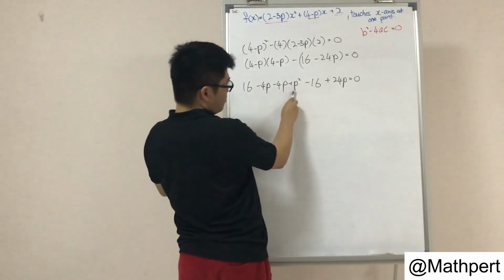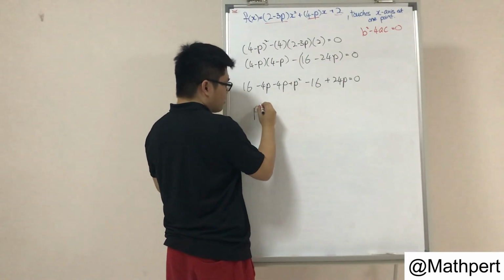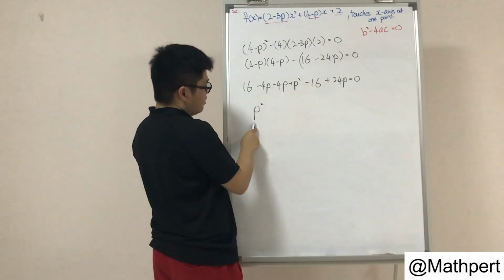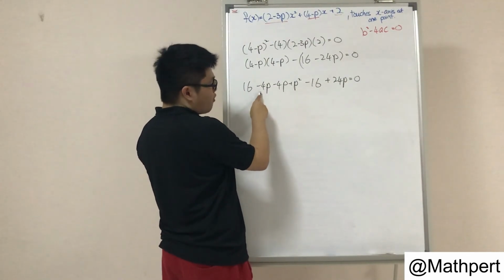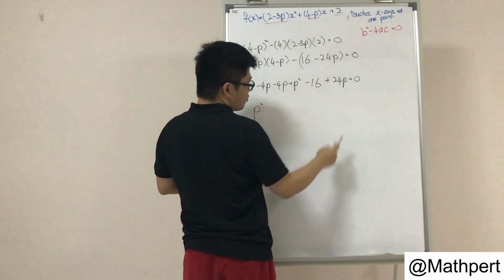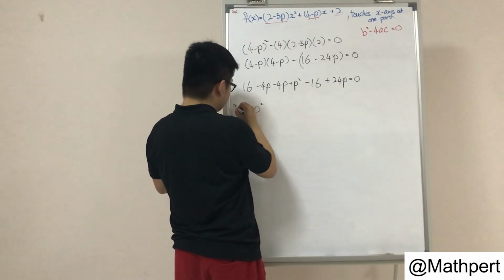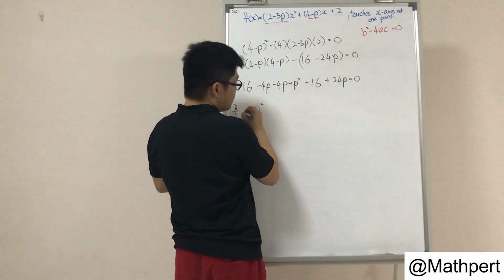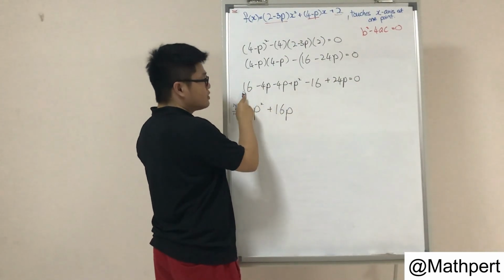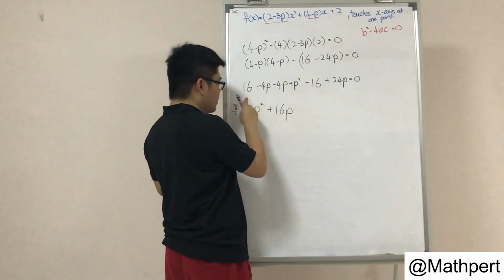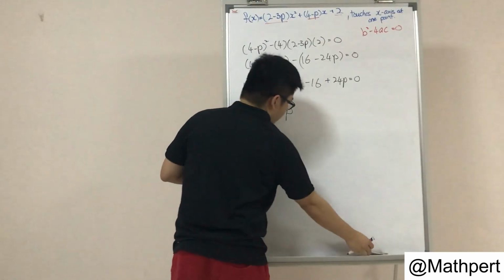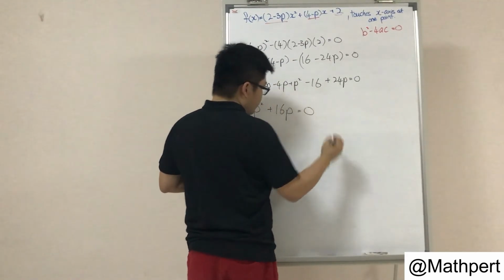Okay, so we put p squared first. Only one p squared, so p squared. Then minus 4 plus 24 is positive 16p. So 16 minus negative 16 is 0, so the whole thing equals 0.